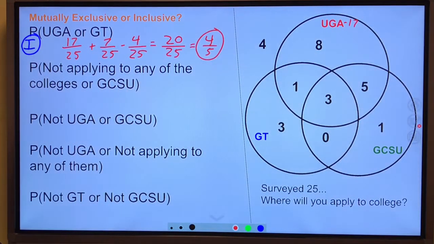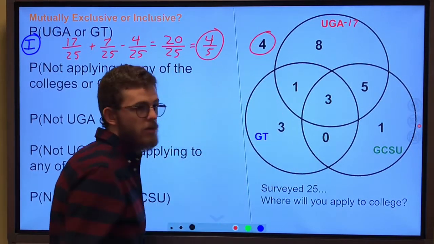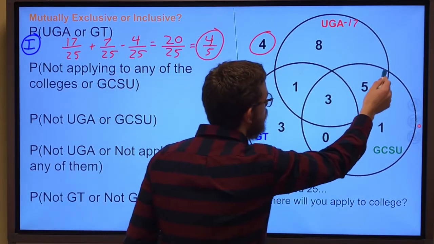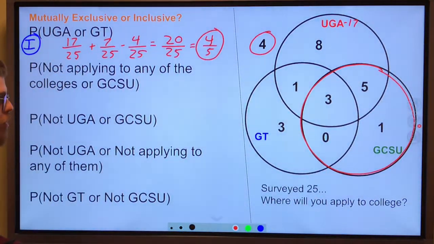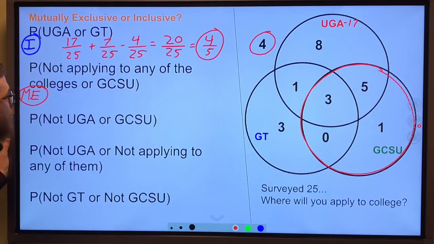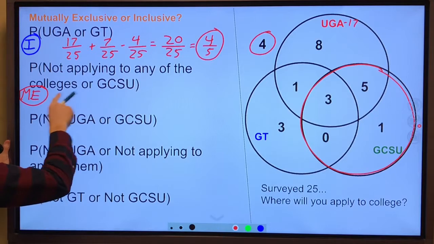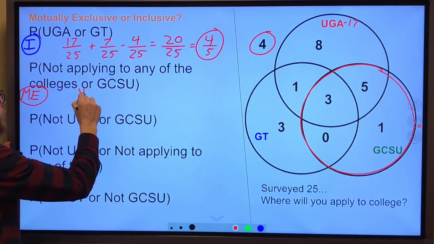Second one, the probability of not applying to any of the colleges or GCSU. Well, not applying to any of the colleges is out here. Applying to GCSU is right here. Is there any overlap? No. So these are mutually exclusive. To find the probability of this, we find the probability of talking to someone that didn't apply to any of the colleges, which is 4 out of 25.